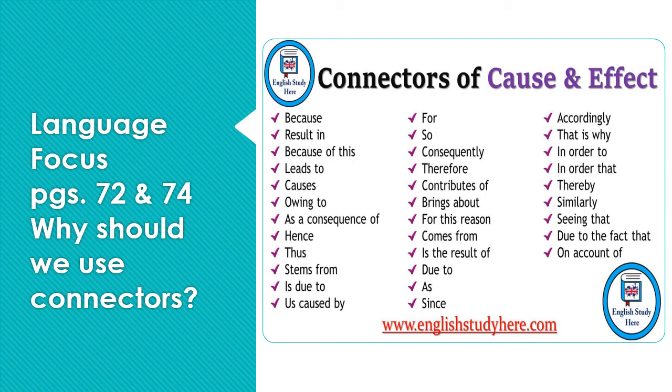Okay, so before we start, in the previous lessons, we discussed the purpose and the structure of cause and effect essays. Remember, the purpose of a cause and effect essay is to explain why something happens.